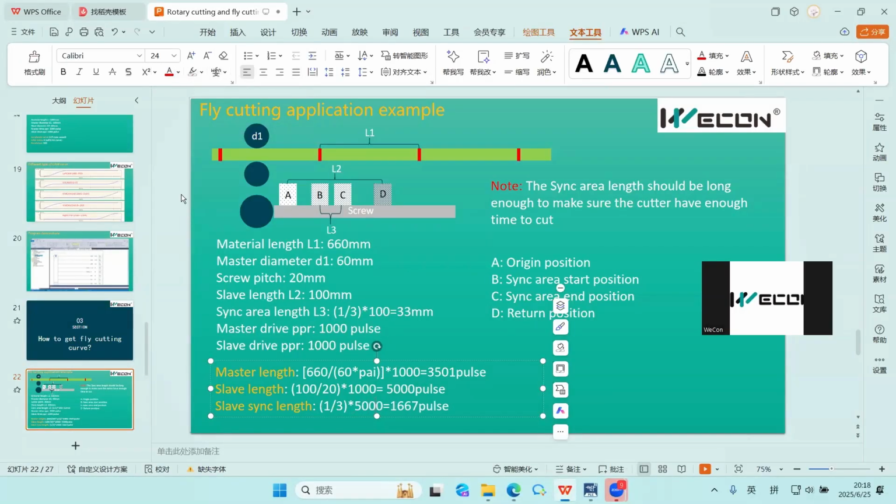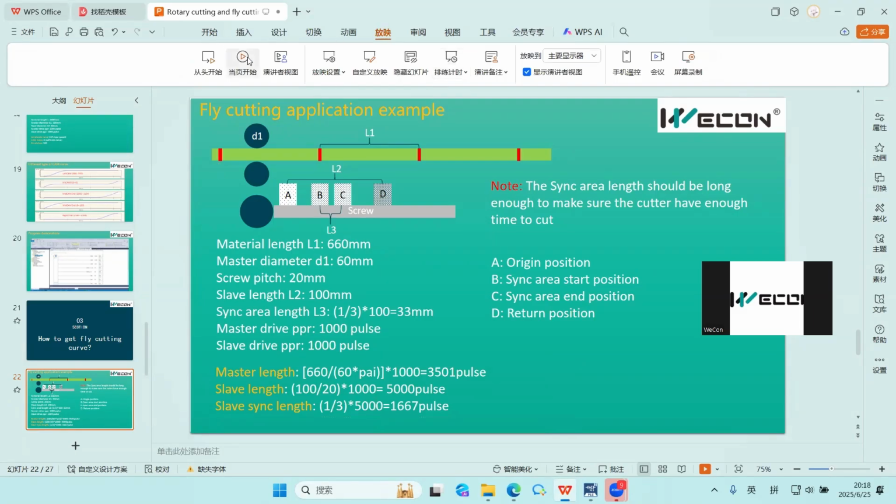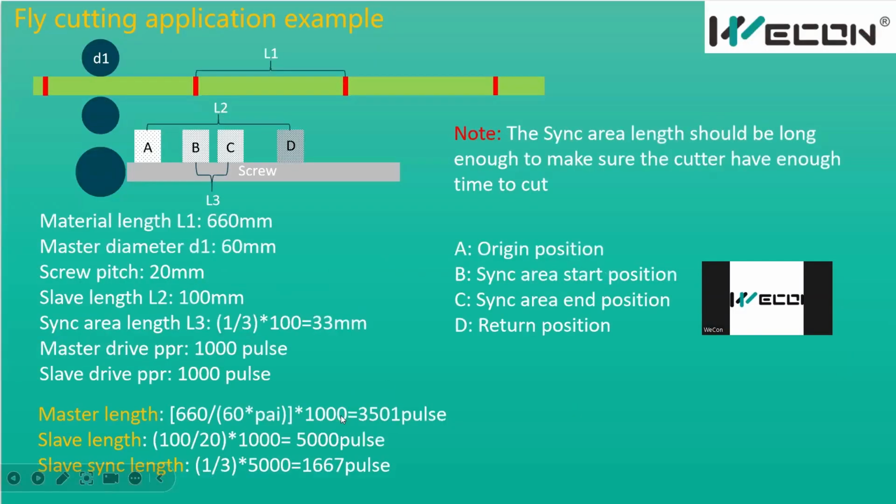Sorry, because I changed the parameter, but in some place I forgot to change. Yes, it's correct now. So our slave sync length is about 1,667 pulses.